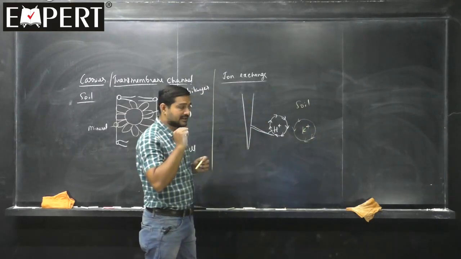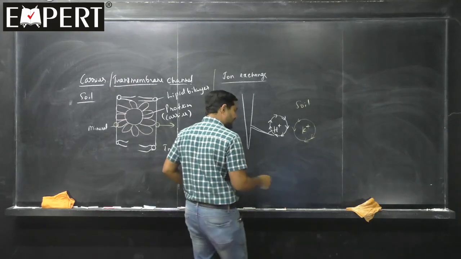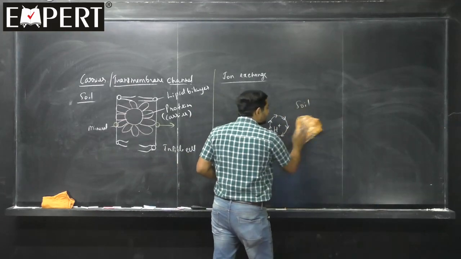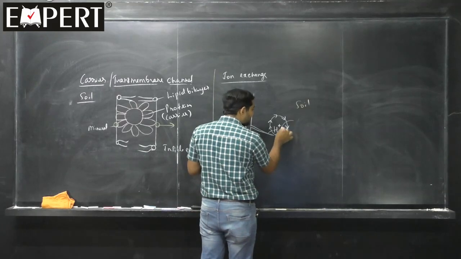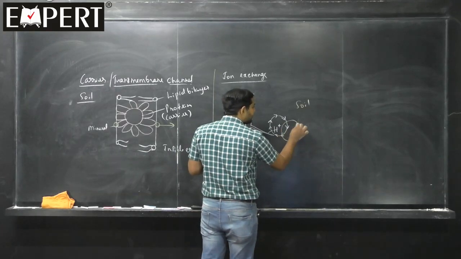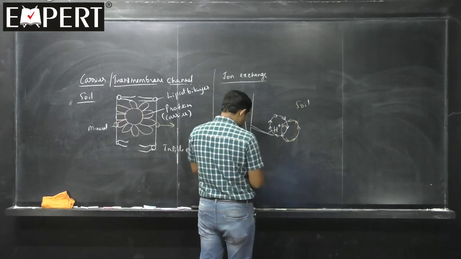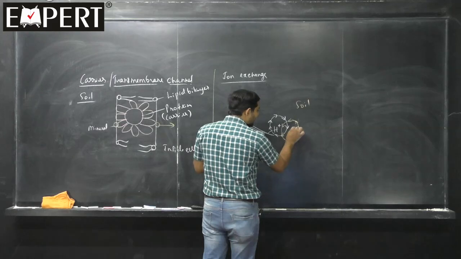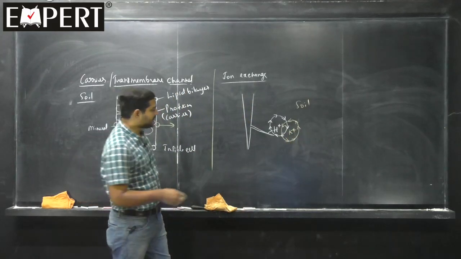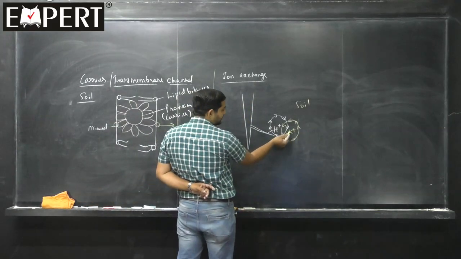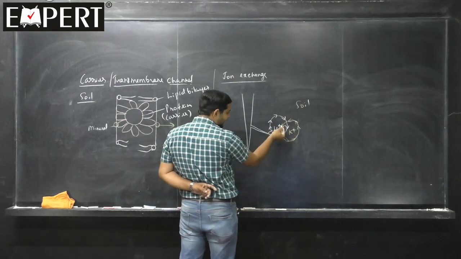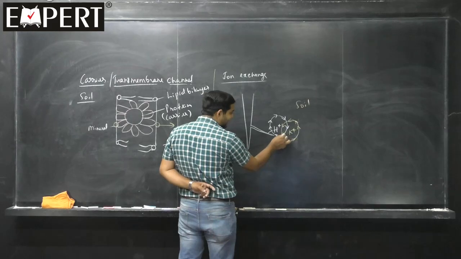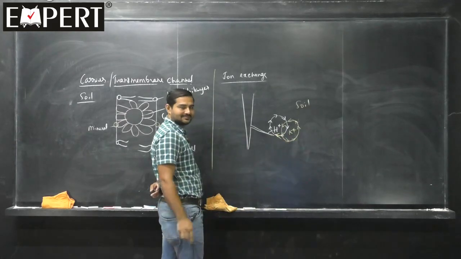Now what happens, see here. Sometimes the orbits of potassium and hydrogen get overlapped. When they get overlapped, the potassium, instead of oscillating like this, starts oscillating in the pathway of hydrogen.